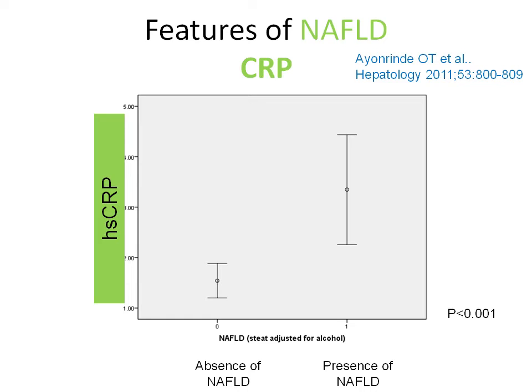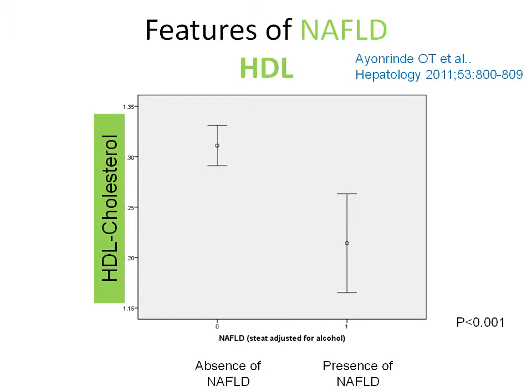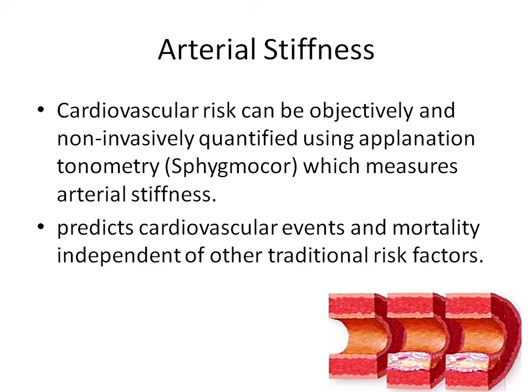and lower HDL, a very similar picture to that seen with the metabolic cluster. Another measure of subclinical atherosclerosis is that of arterial stiffness, and one methodology which has been used in the past to measure arterial stiffness is that of applanation tonometry.